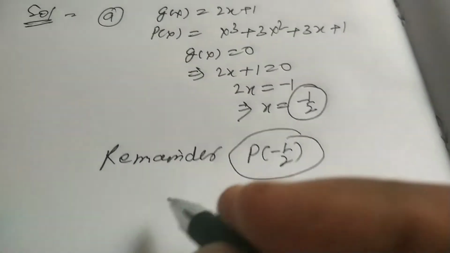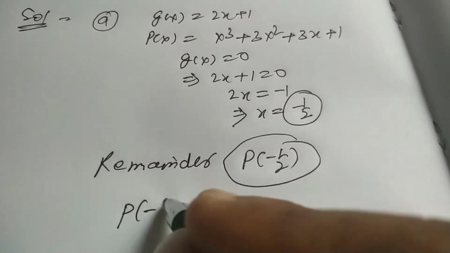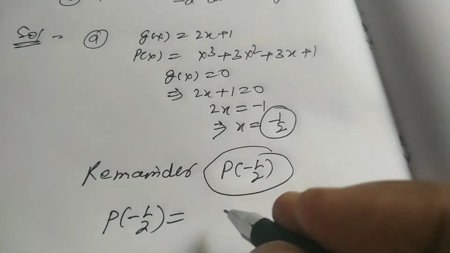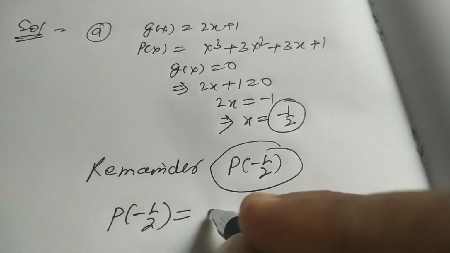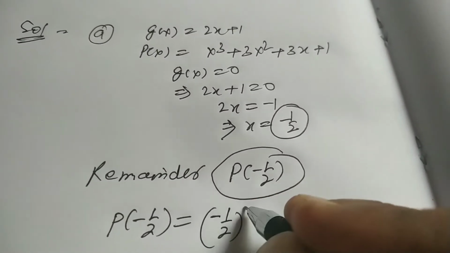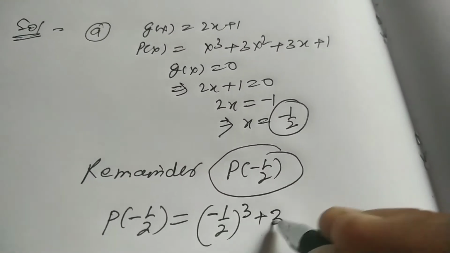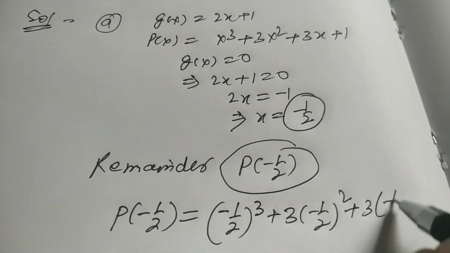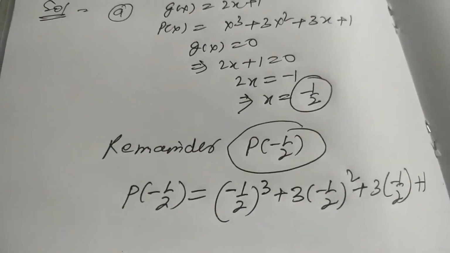So remainder is p(minus 1 by 2), which we have discussed in the remainder theorem. So let's get p(minus 1 by 2). Put the value of x is equal to minus 1 by 2. So this is (minus 1 by 2) cube plus 3 into (minus 1 by 2) square plus 3 into (minus 1 by 2) plus 1.